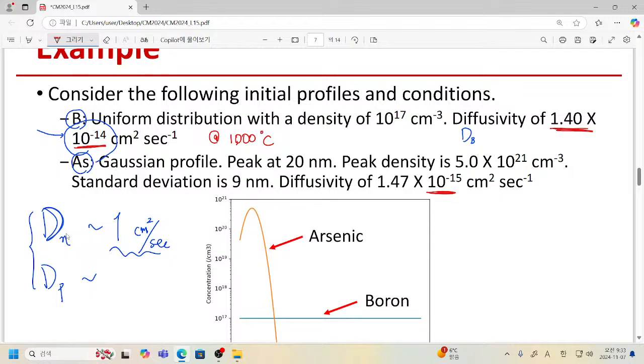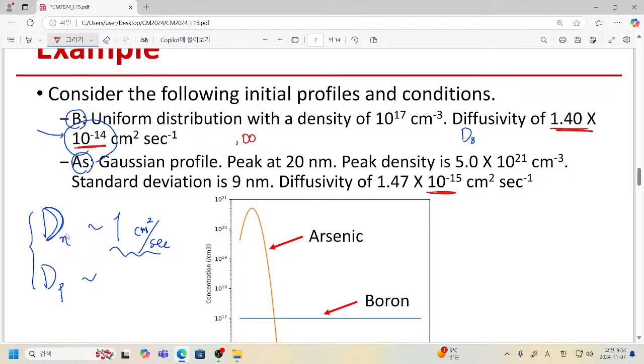Even in this case, the D value is extremely small compared with our electrons and holes. That's the reason why our electronic devices are working so fast. However, in our diffusion simulation, we must wait for 1 minute or several minutes or several hours to have a meaningful difference in the dopant distribution.